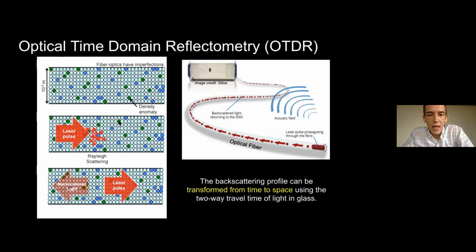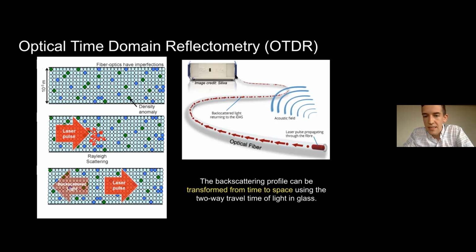And so DAS is going to use optical time domain reflectometry, or OTDR, to basically account for where these scatterers are. We're not actually going to locate any scatterers. That's not necessary. Really, the point is that we send a pulse of light into a fiber.